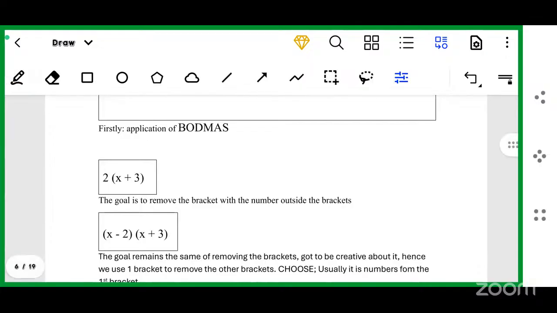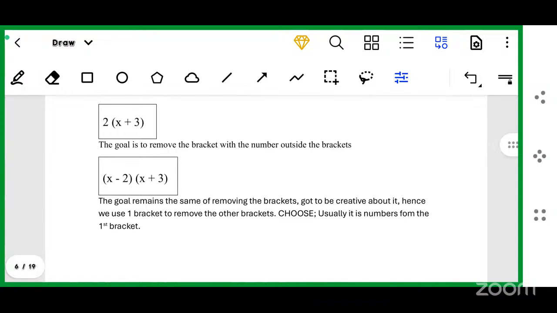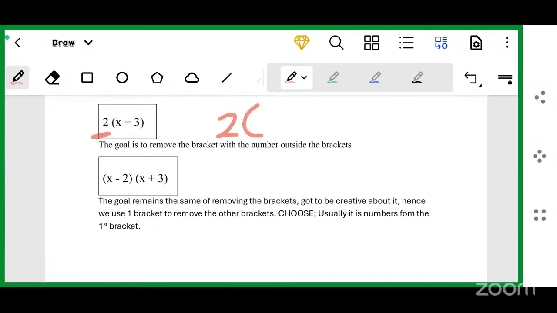So what I'm trying to show now is expansion and simplifying. Here the goal is to remove the bracket, and when you remove the bracket, you lose the outside number. So if we have 2 into x plus 3, we're going to use this 2 to remove the bracket by multiplying it with the x and also multiplying it with the 3.